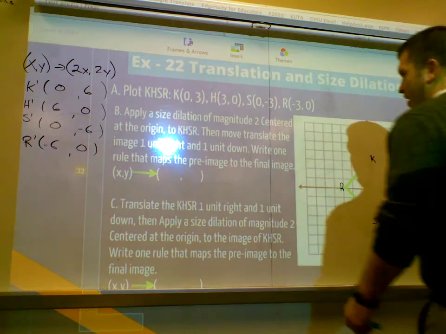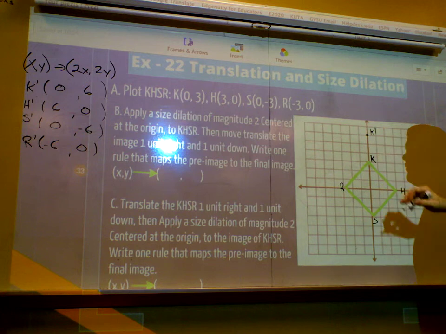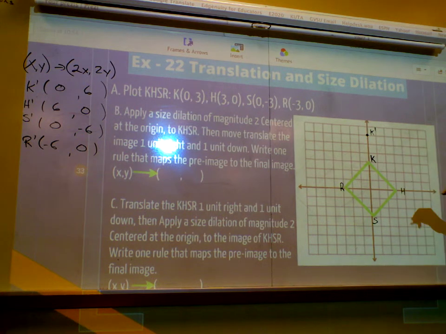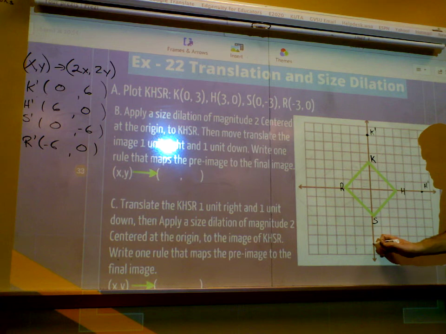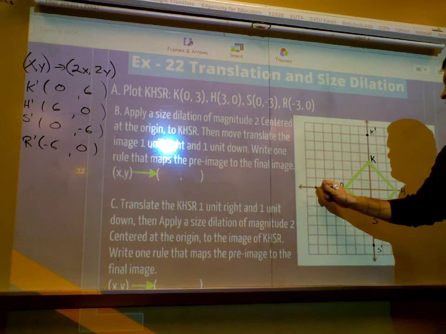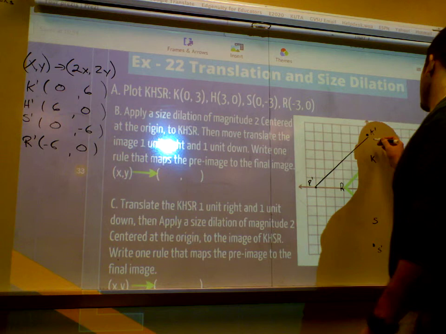So K prime is 0, 6. H prime is 6, 0. S prime is 0, negative 6. R prime is negative 6, 0. And then connect these points.